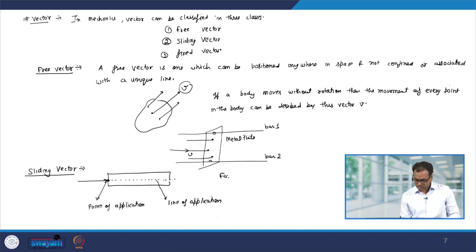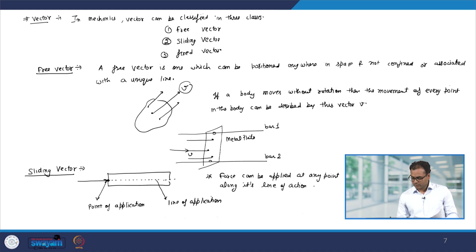So, the force can be applied at any point along its line of action, and this will not change its effect on the body as a whole.